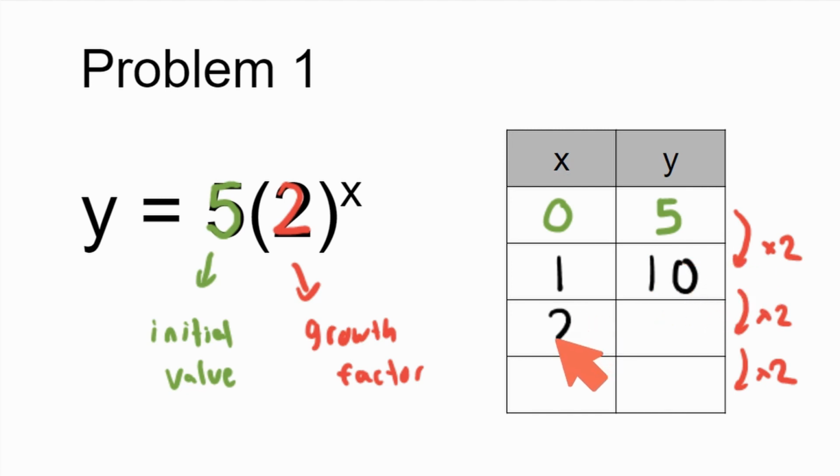Moving forward to the next row, I'm going to multiply y times 2. So doubling 10 times 2, that's going to be 20. And finally, for the third row, I'm going to continue multiplying by 2. So 20 times 2 is going to be 40. So here we have our table with our initial value at 5, and as we move down, we're multiplying times 2.